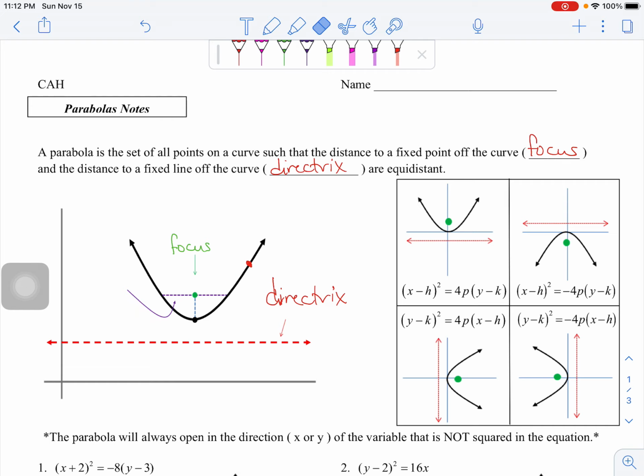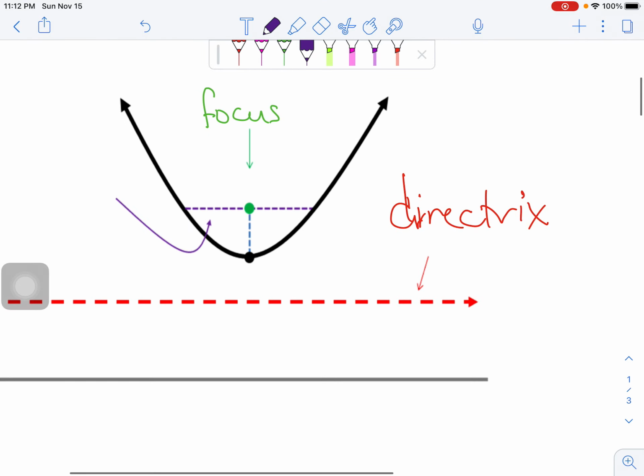Now, I'm going to take those out so I can put in a few other pieces of information, and I'm going to zoom in a little bit here. This lowest point here is called your vertex. The distance from the vertex to the focus and the vertex to the directrix are equidistant. It's any point on the parabola that works.